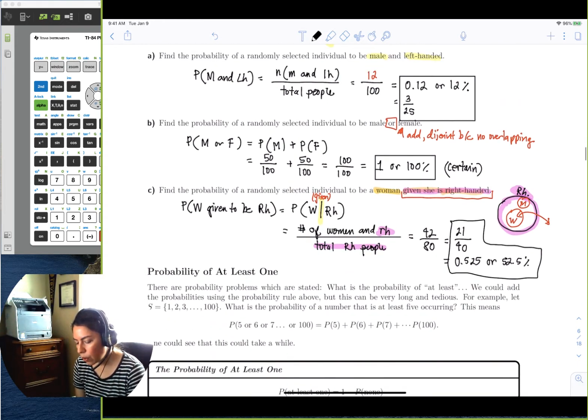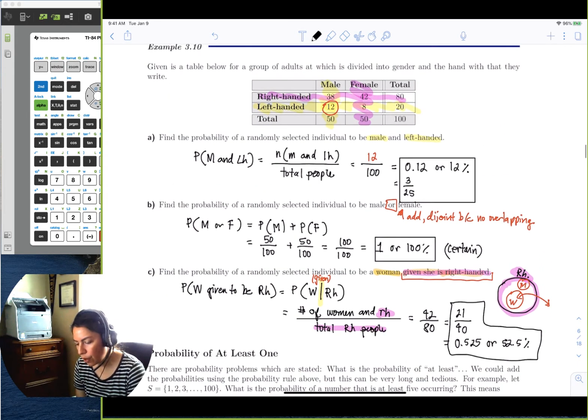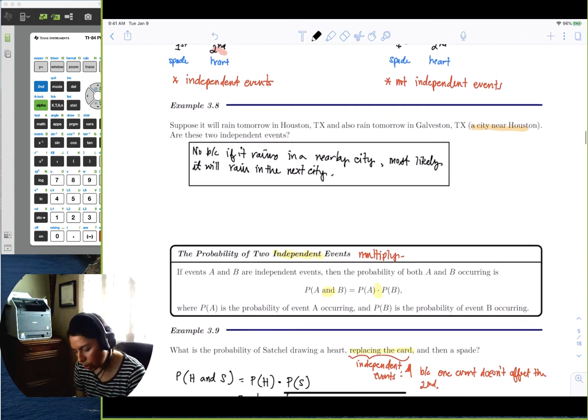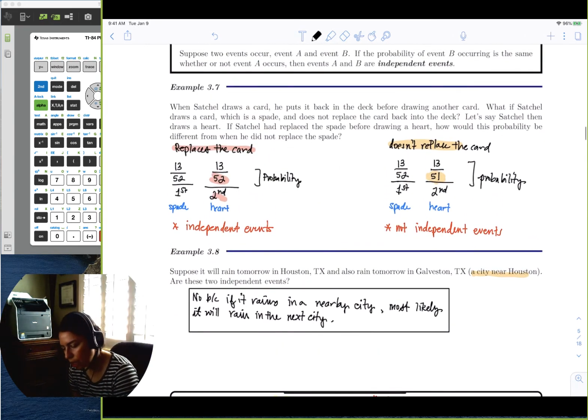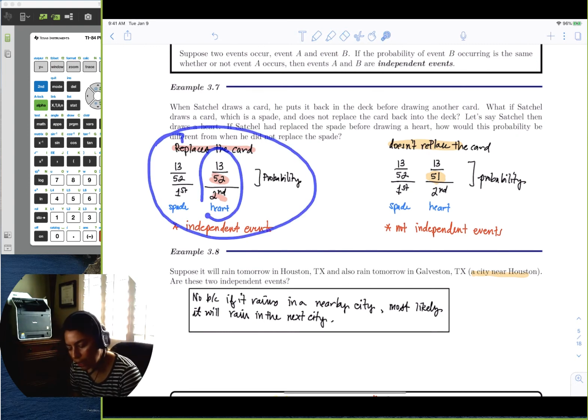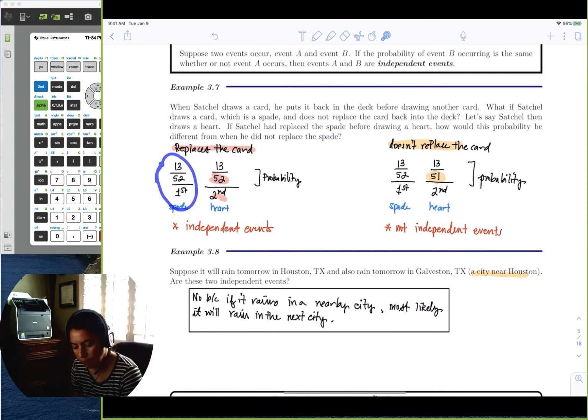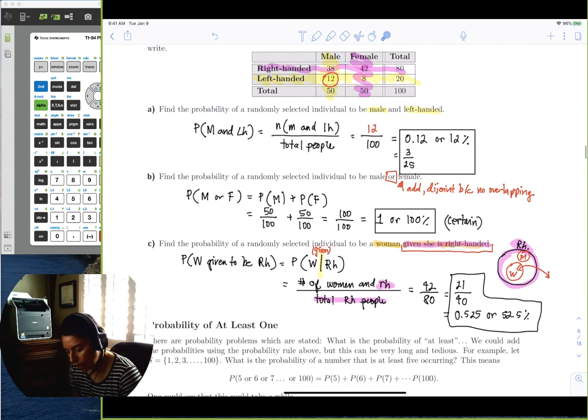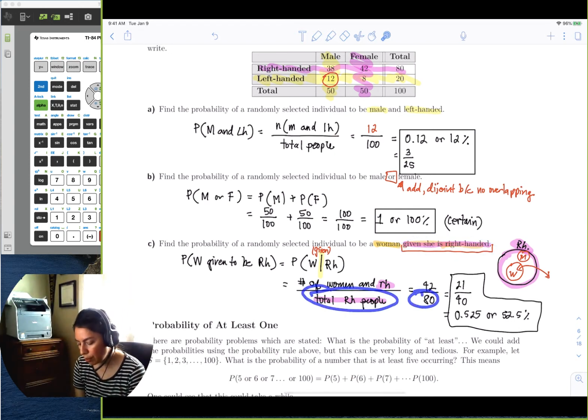Okay, so just to recap, recall that independent events are events in which every outcome is likely to occur and following events are not affected by the first event. Here, notice that if we had a given that she's right-handed, we had to change our denominator.